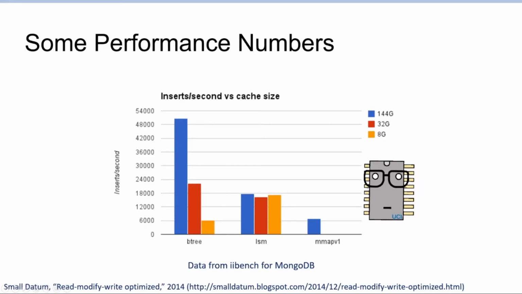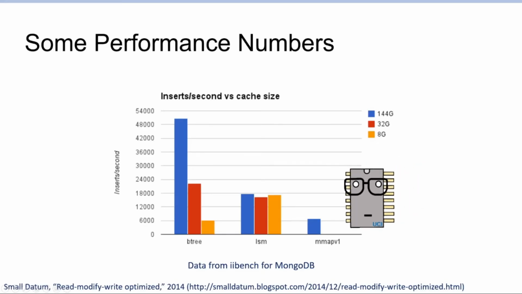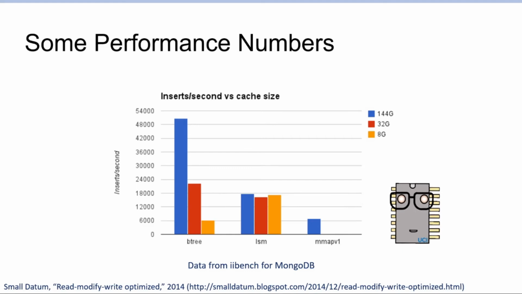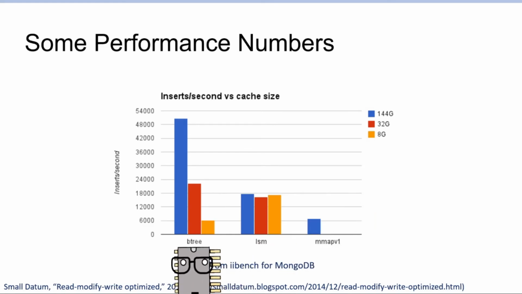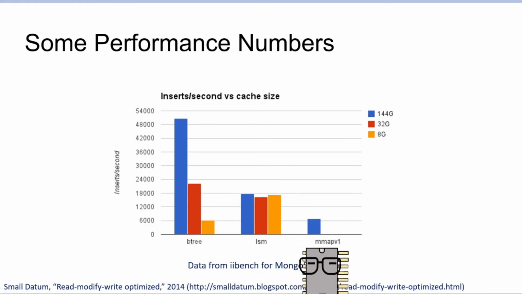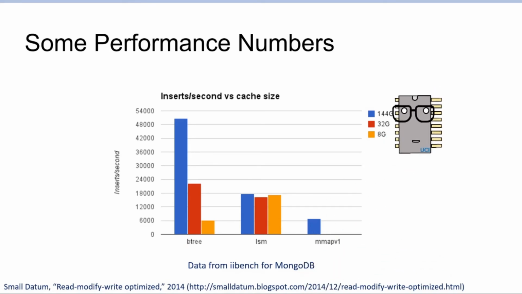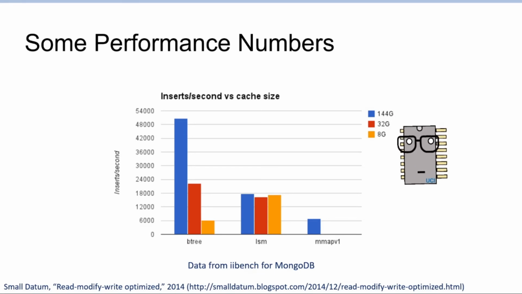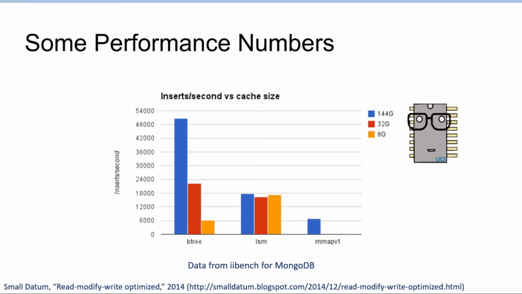And we look at the performance. If you look at the performance comparisons between binary tree, B tree, the log-structured merge tree, and just regular old mmap, the blue bar, the red bar, and the yellow bar are cache sizes, so in-memory buffer sizes.